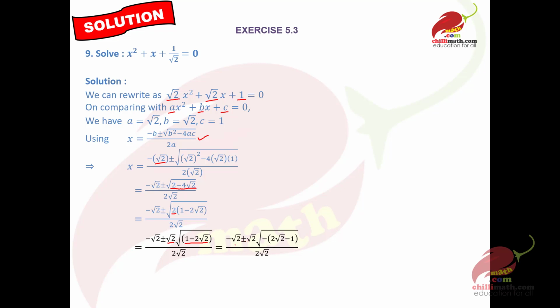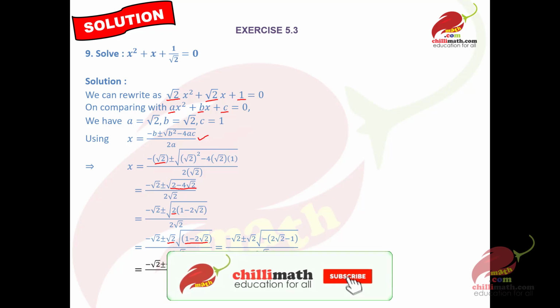So this is minus root 2 plus root 2, minus taken common. So we get here 2 root 2 minus 1. Solving this, minus root 2 plus root 2 as it is, because minus was there in square root, so we are using iota for that, and this 2 root 2 minus 1 as it is.